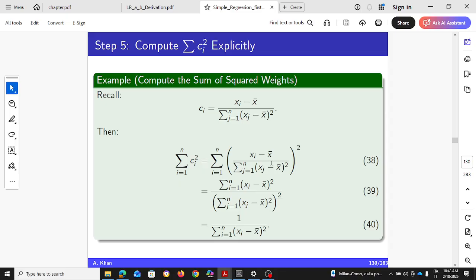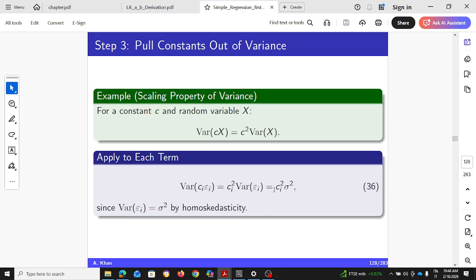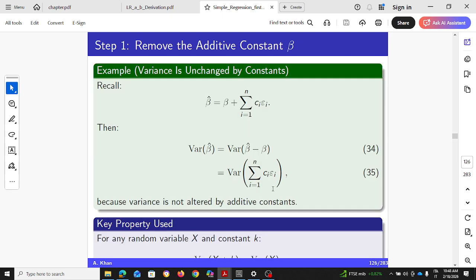Put this inside, we have the square of this. So the square can now be applied to numerator and denominator. So the square and square cancel out, and we have 1 divided by this term now. What is the meaning of C? We assume that we call this term CI.